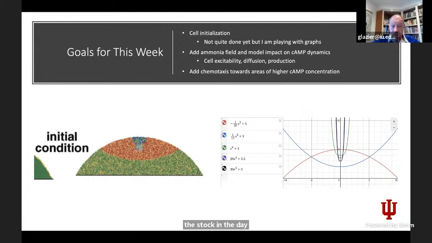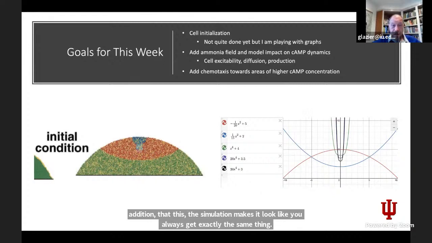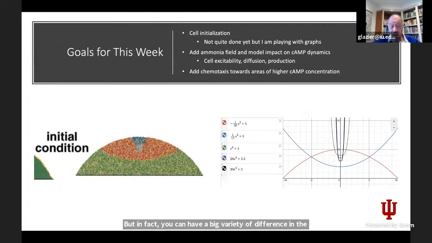In addition, the simulation makes it look like you always get exactly the same thing, but in fact, you can have a big variety in the number of cells in a mound that forms a stalk. A little teeny one makes a teeny stalk, or a big one makes a big one. It can be irregular in shape and still works pretty well.